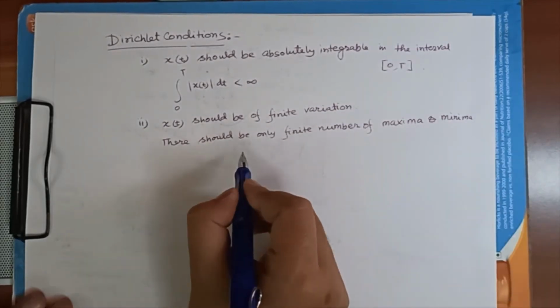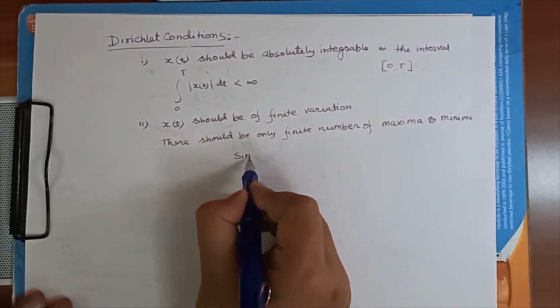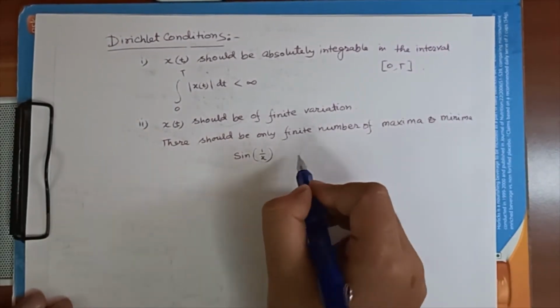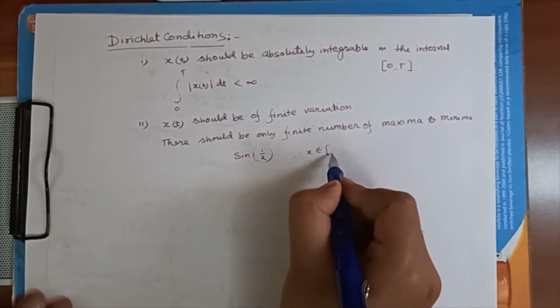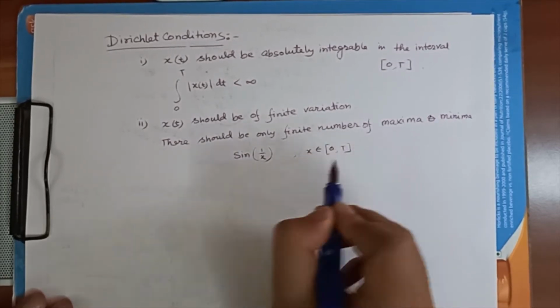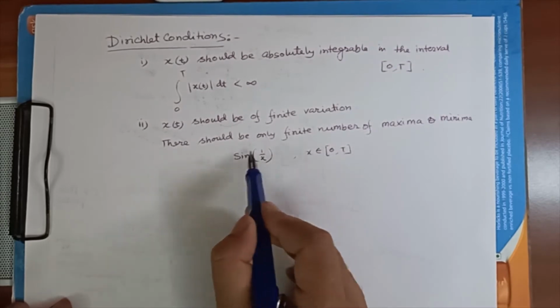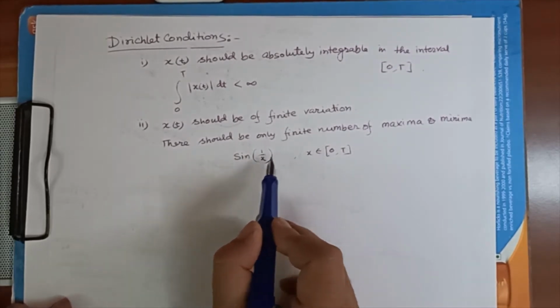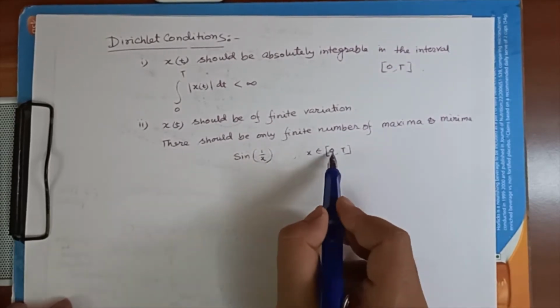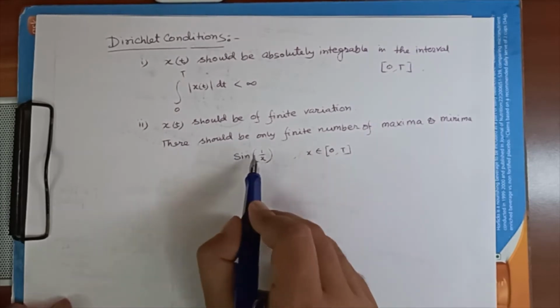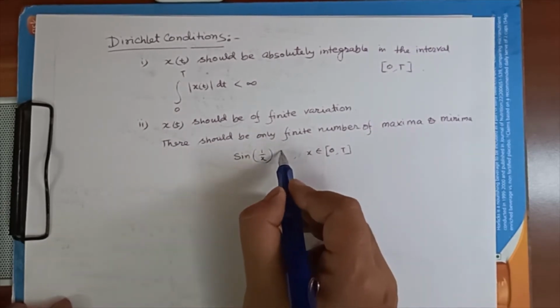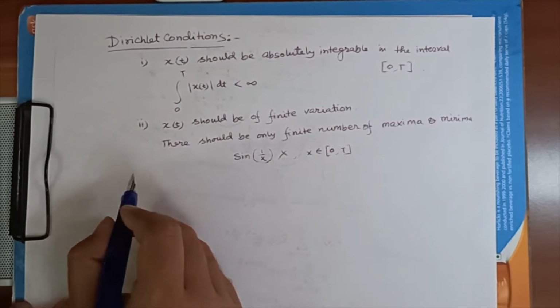So functions of the form sin(1 by x) for x belonging to 0 to T are not permitted, because you can see that sin(1 by x) has an infinite number of maxima and minima near 0. So these kinds of functions do not satisfy the Dirichlet condition.